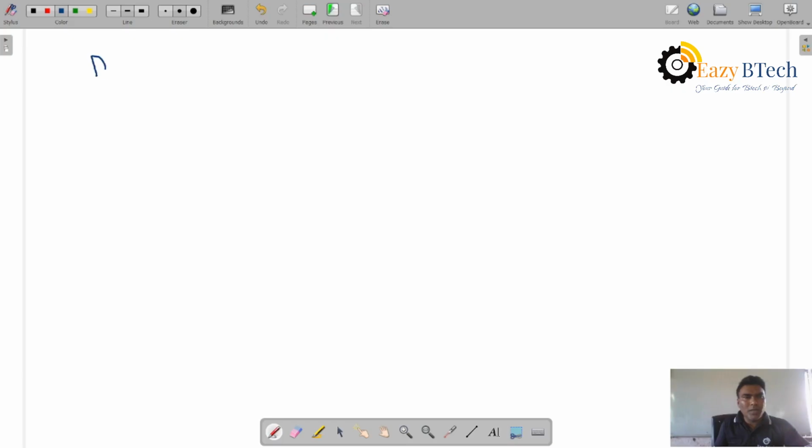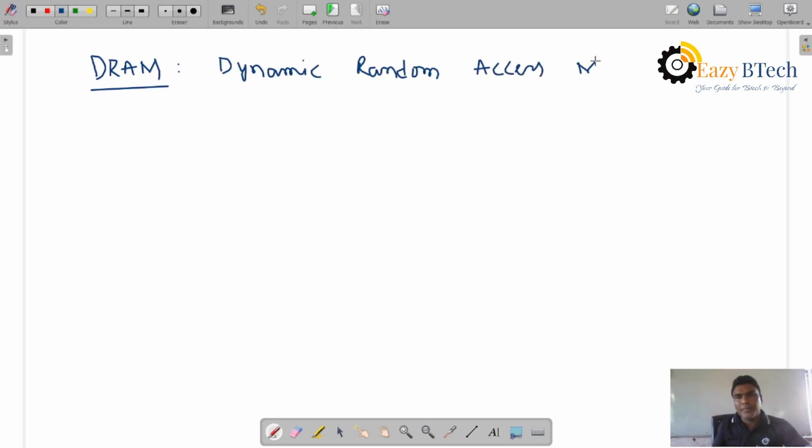DRAM is a dynamic random access memory. So dynamically the memory is accessed.